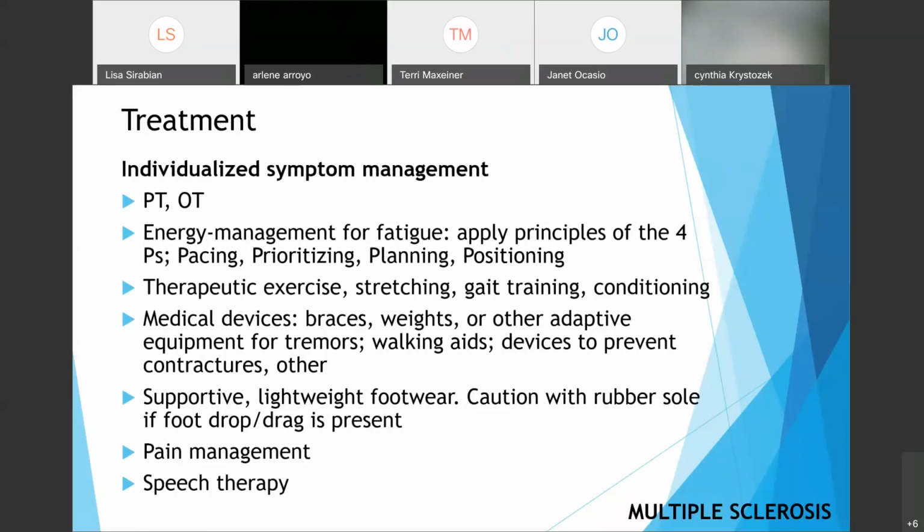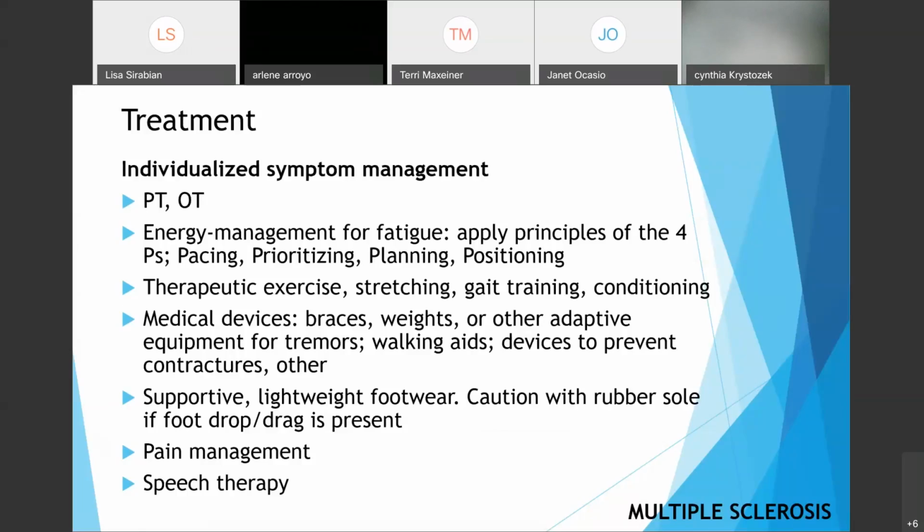I think they're pretty self-evident: pacing activities, prioritizing the most important thing, planning to be able to do so, and also positioning. Positioning has to do with how you position things in your environment and how you position yourself. So applying these principles of 4Ps to manage your energy and manage the fatigue. Teaching about those things is going to be helpful.